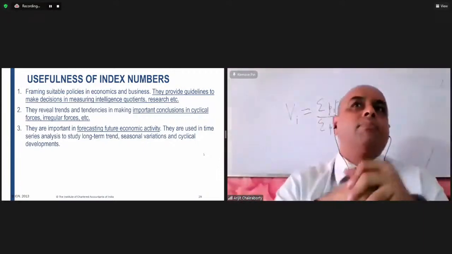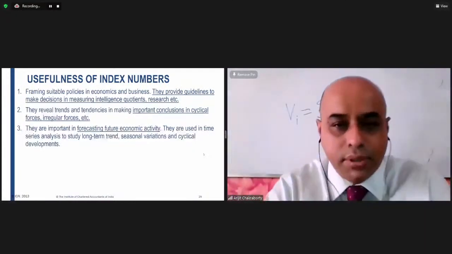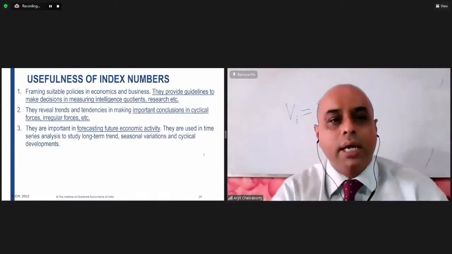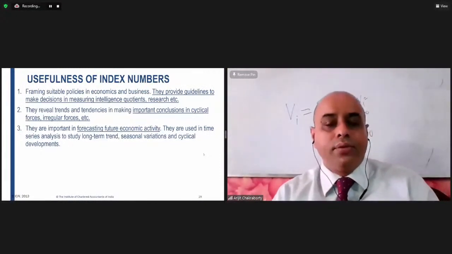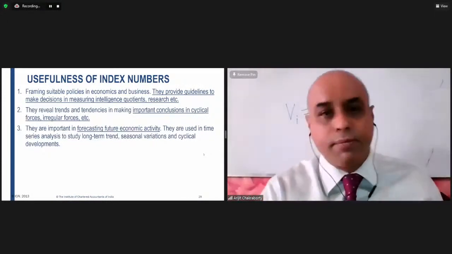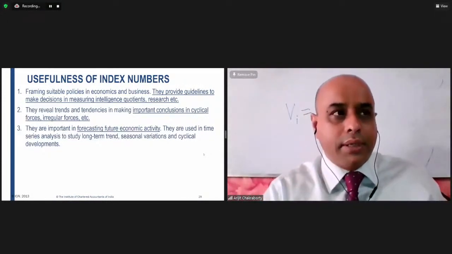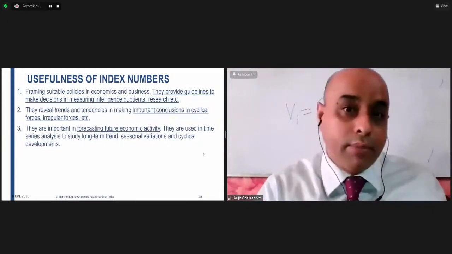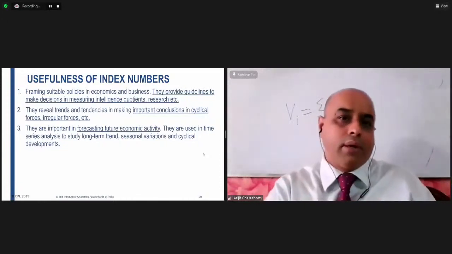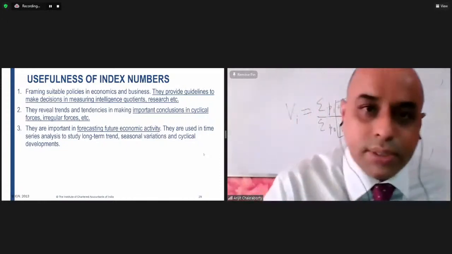Index numbers are also related to time series in certain ways, which helps to understand the impact of cyclical forces. Various companies have seasonal business. For example, an ice cream manufacturing company may not have high business during winter. A soft drink manufacturing company may have more business in summer.